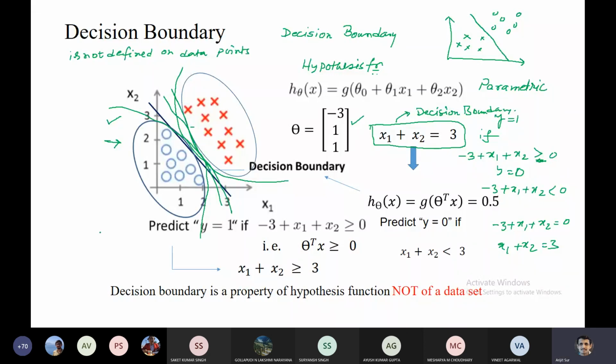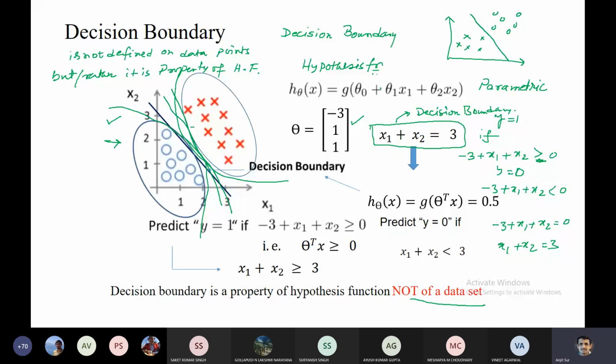That's why I say decision boundary is not a property of the data set, but it is a property of the hypothesis function, because your hypothesis function is going to dictate the decision boundary. If your hypothesis function is different, your decision boundary is different. Okay, so this is what we discussed in the last class.